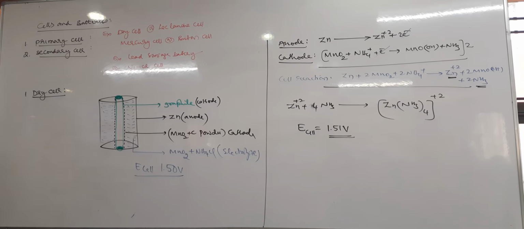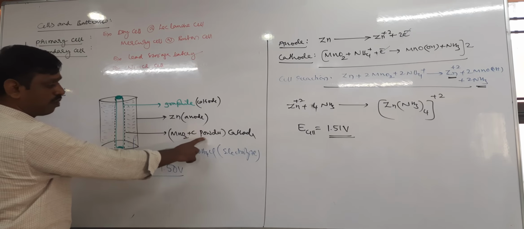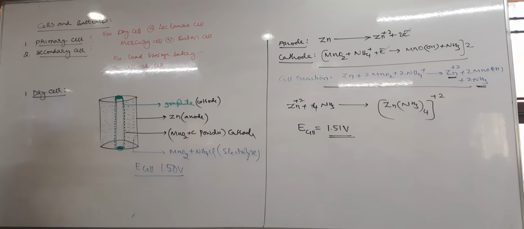ZnO2 and carbon powder. Surrounded by MnO2 and carbon powder, which act as the cathode.